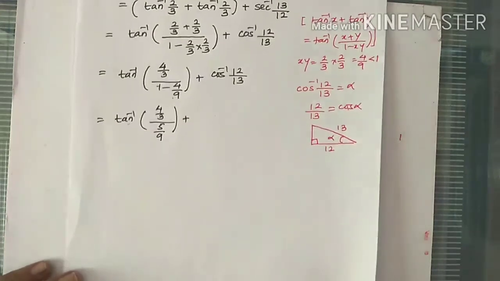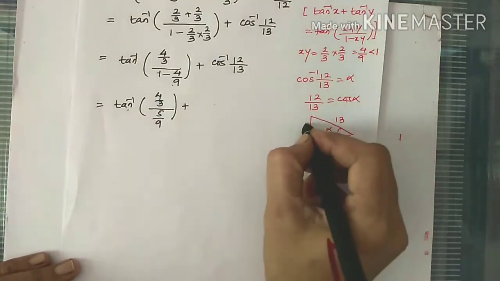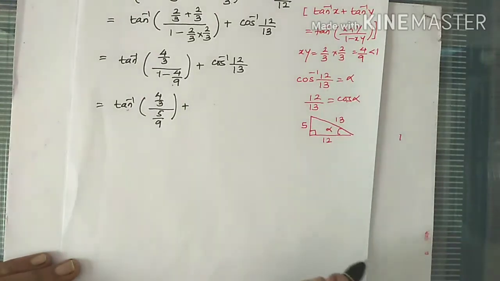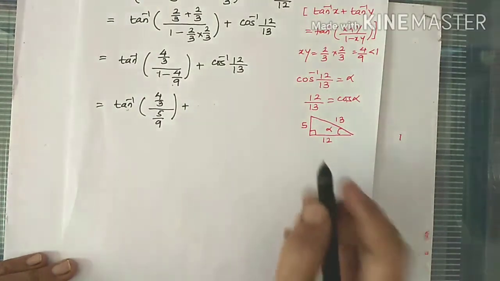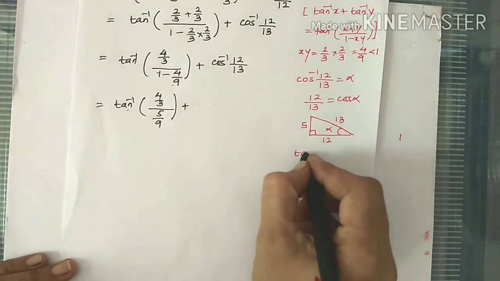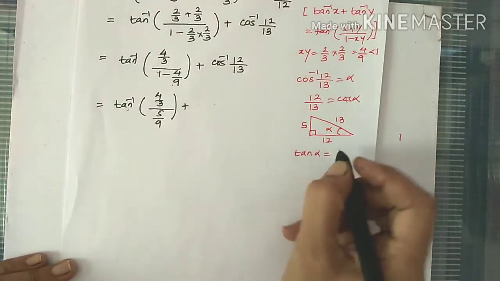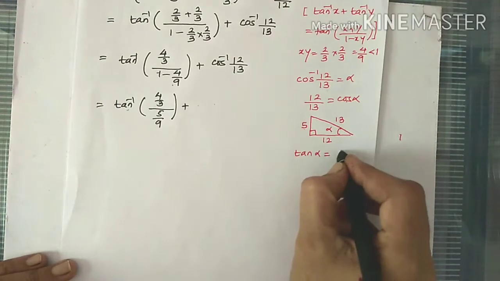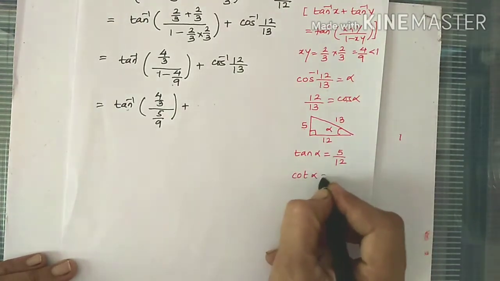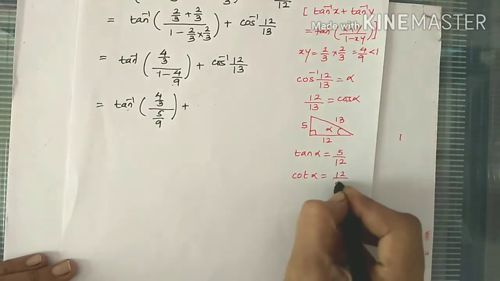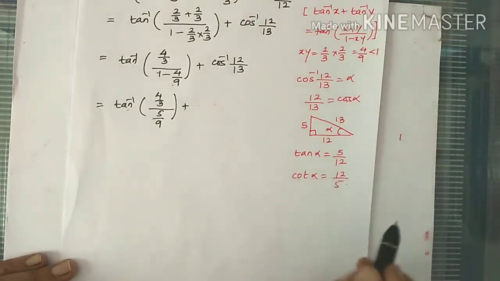Now solving this, we get the third side as 5. You can solve it. Now I want cot alpha, so first let's write tan alpha. Tan alpha is 5 by 12, so cot alpha is 12 by 5. So this alpha will be cot inverse of 12 by 5.